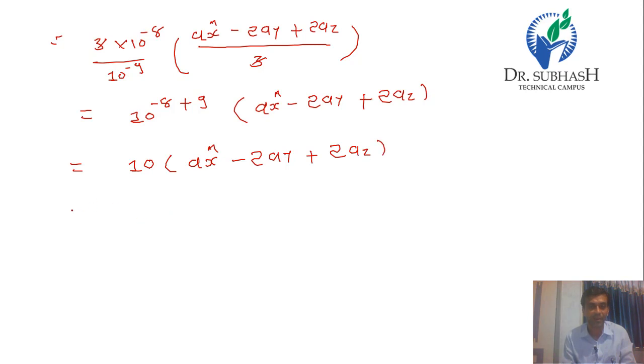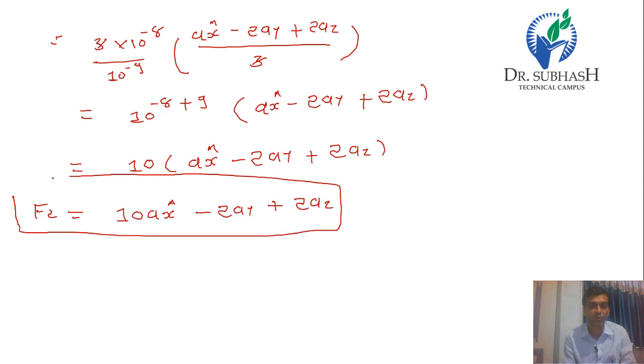If we multiply the vector by 10, then we get 10ax minus 20ay plus 20az, which is the force F2 on charge Q2 due to the charge Q1, which is 3 cross 10 raised to minus 4 Coulomb.